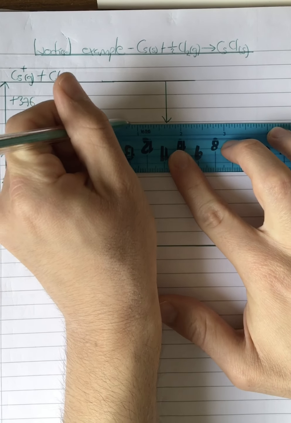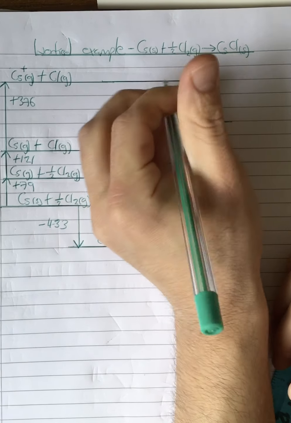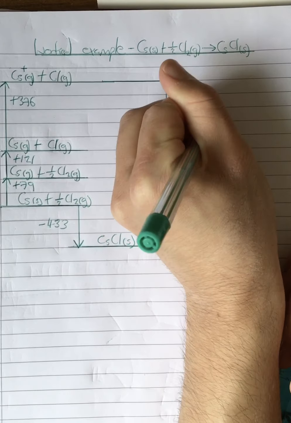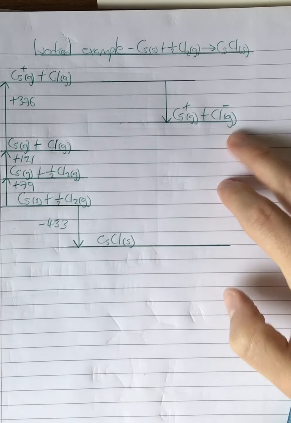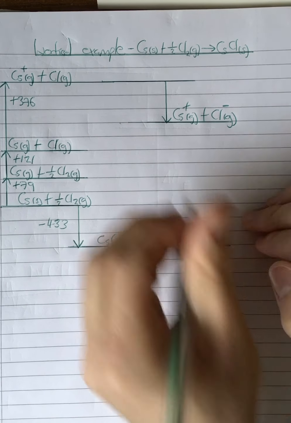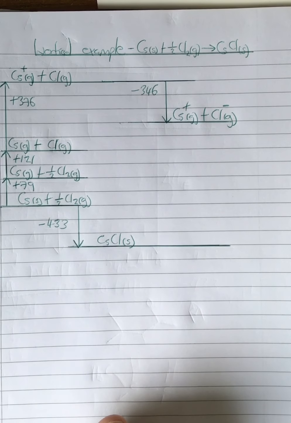Okay, so I'm going to draw a line to represent the energy. So I've still got cesium plus, and now I need chloride. Again, state symbols at all times, and that is minus 346. That's the electron affinity.